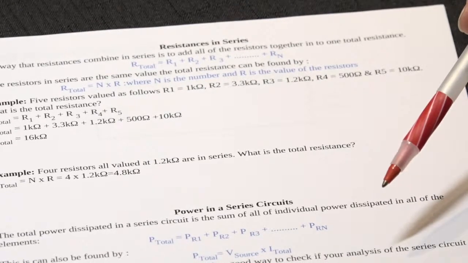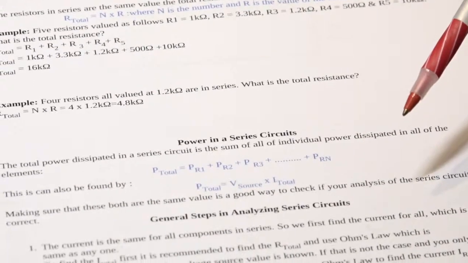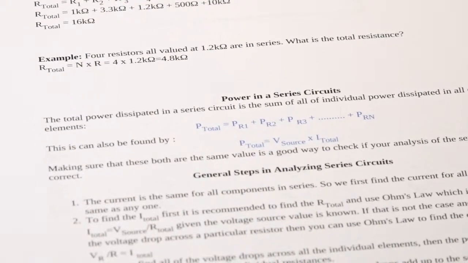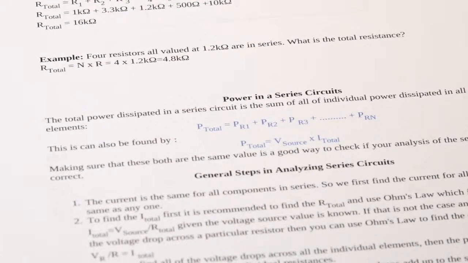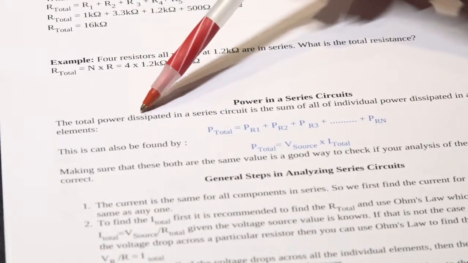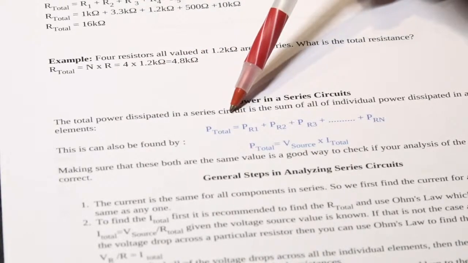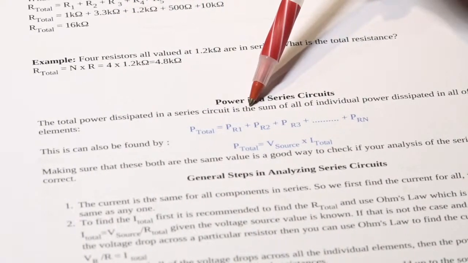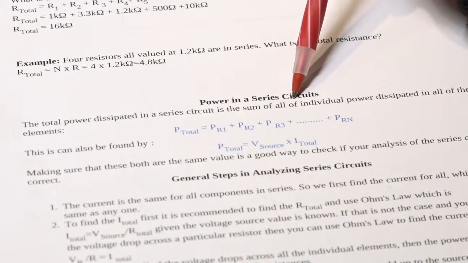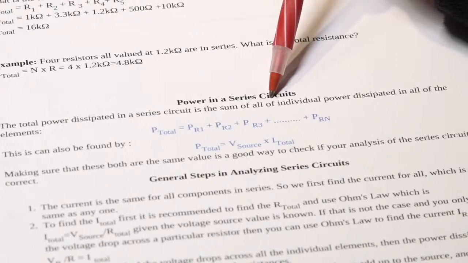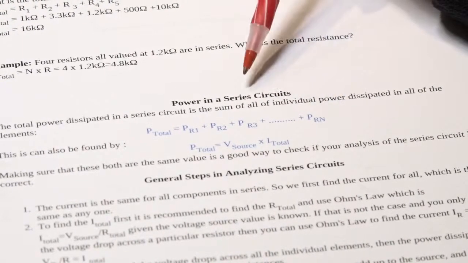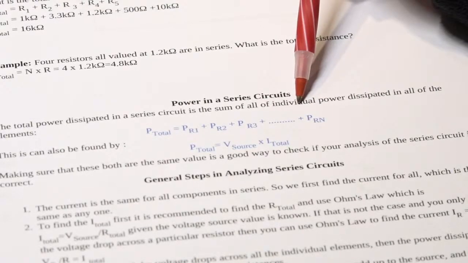Now, how many of you remember the equation for power? That's right. Power is equal to the voltage times the current. And the total power that is dissipated in a series circuit is always equal to summing up the individual power dissipated in all of the elements of the circuit.